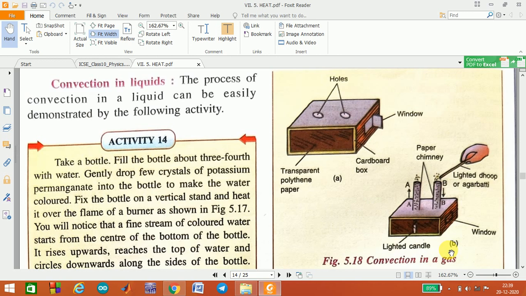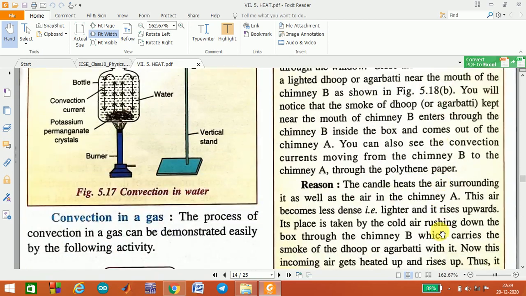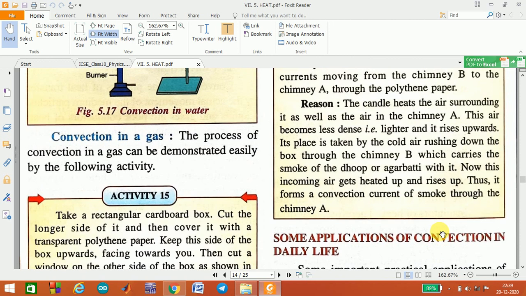The reason is that the candle heats the air surrounding it as well as the air inside chimney A. So this air becomes less dense and lighter, and it rises upward. Whatever the thing may be, if it is less dense and lighter, then it will rise upwards.